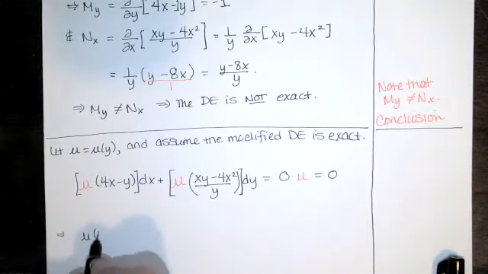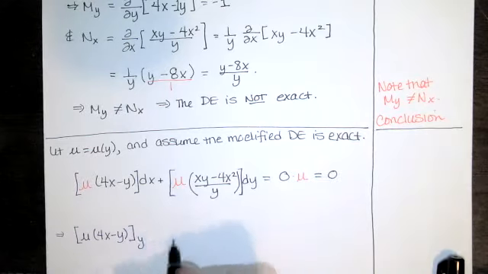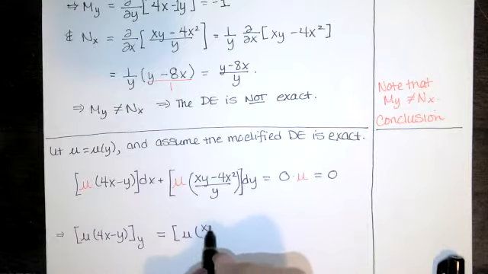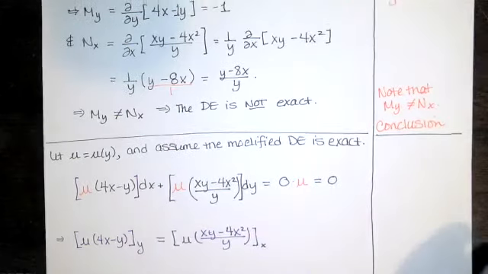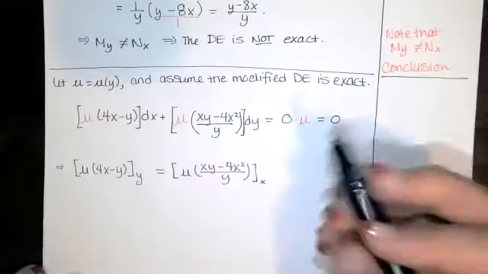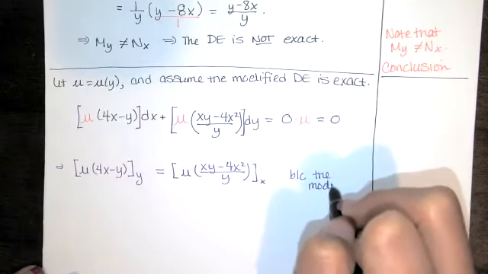So we have mu times 4x minus y. Partial of that function with respect to y must equal the partial of this function with respect to x. And that's because the modified DE is assumed to be exact.